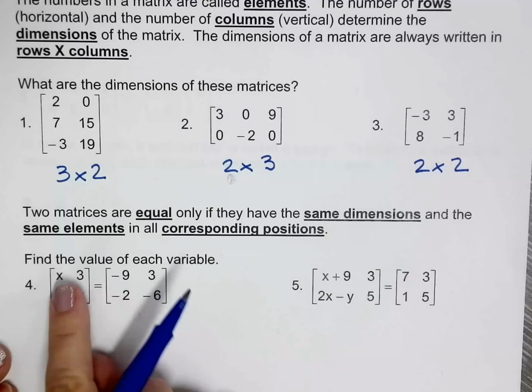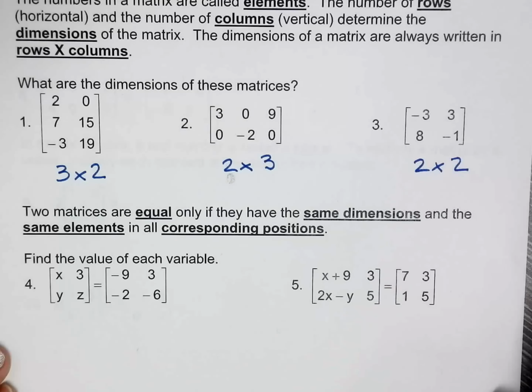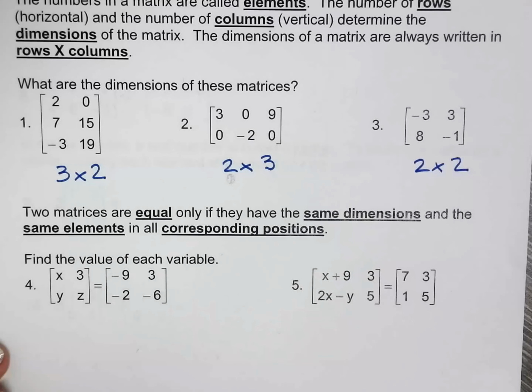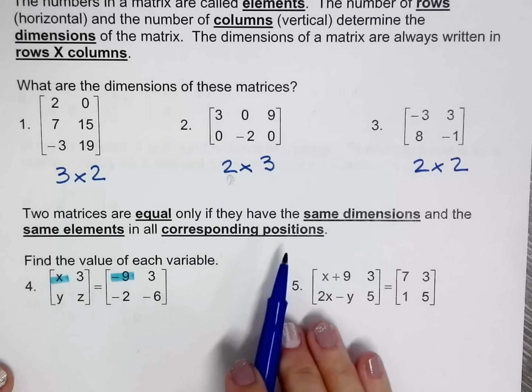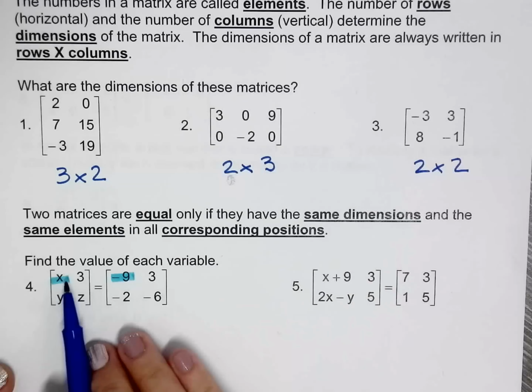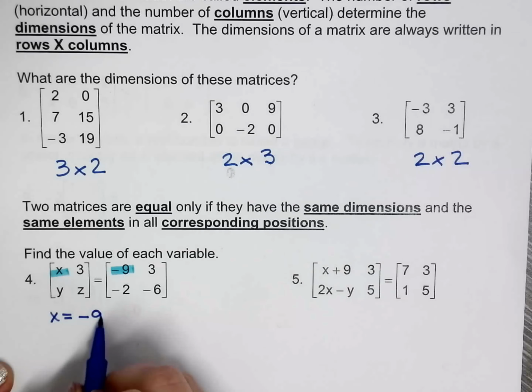So we can find each value of the variable by knowing that if they're sitting in the same position, that's where they're equivalent, they're the same. So this x equals that -9. So x equals -9.